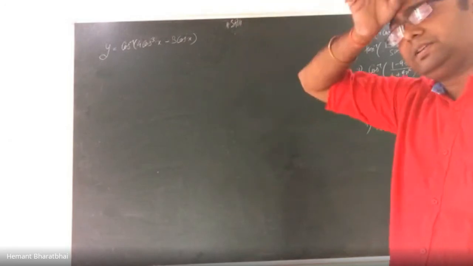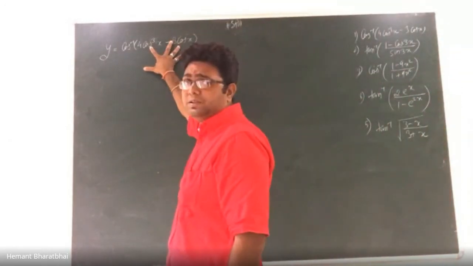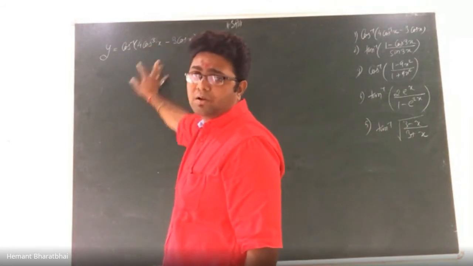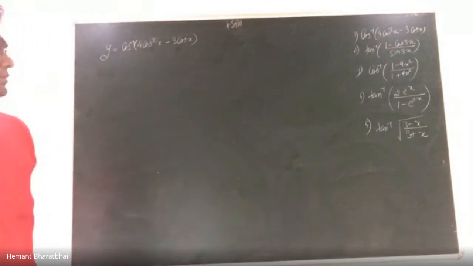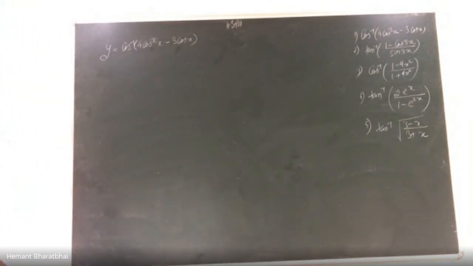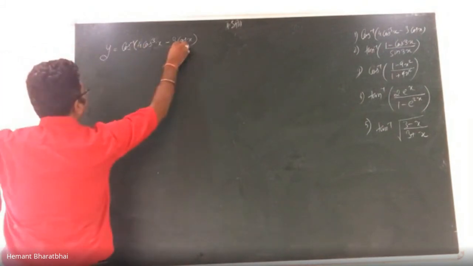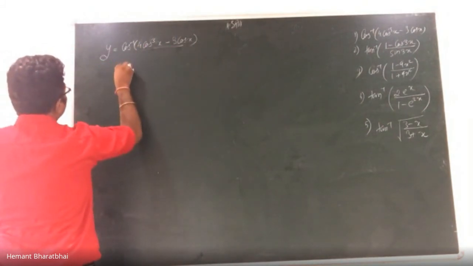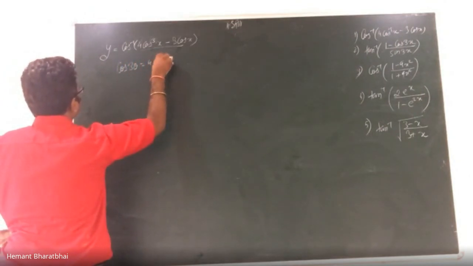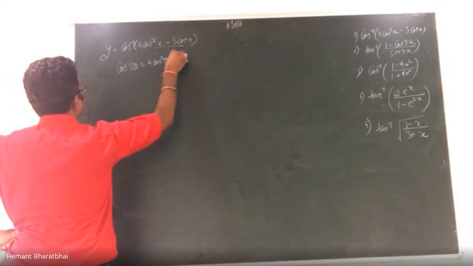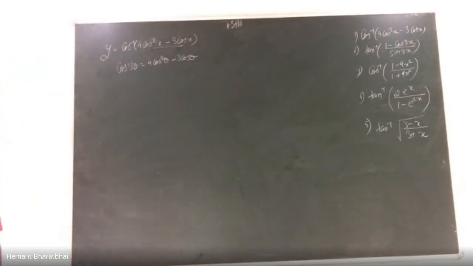So if I directly apply the chain rule, I will get minus 1 upon under root of 1 minus this entire term, and simplifying this entire term will become very complex. So we'll try to remember, or we'll apply some formula first. If we remember, the cos 3 theta formula is 4 cos cube theta minus 3 cos theta. It is exactly the same.